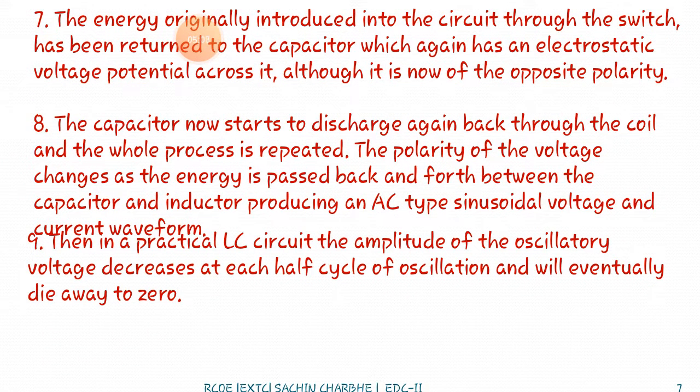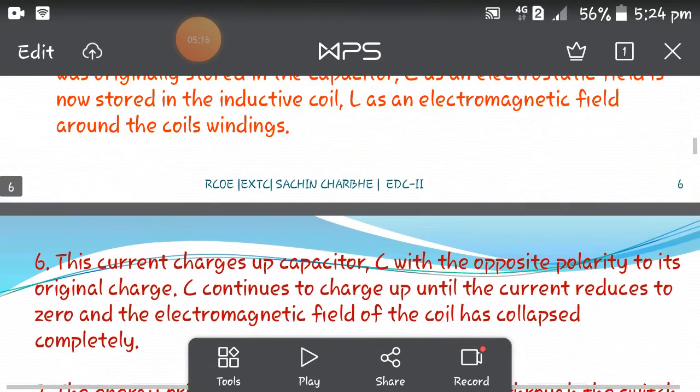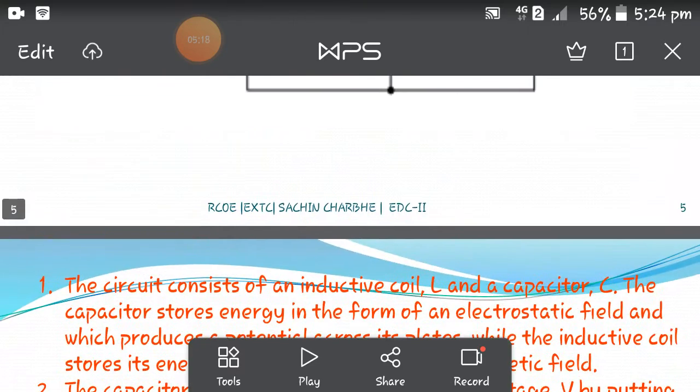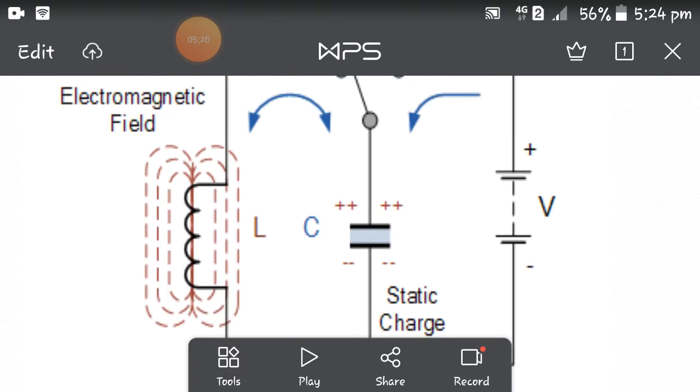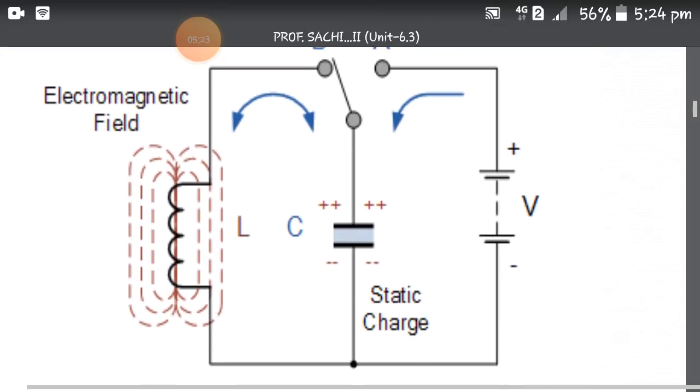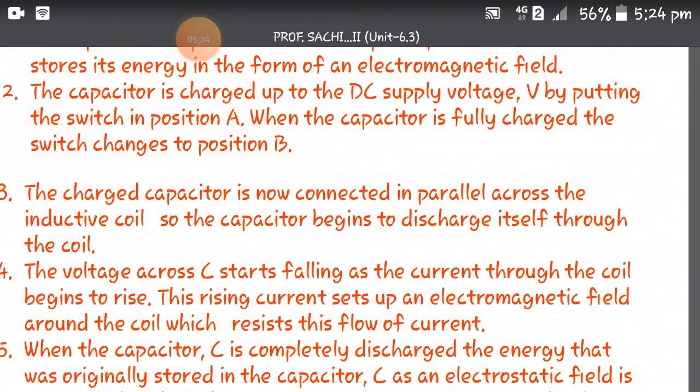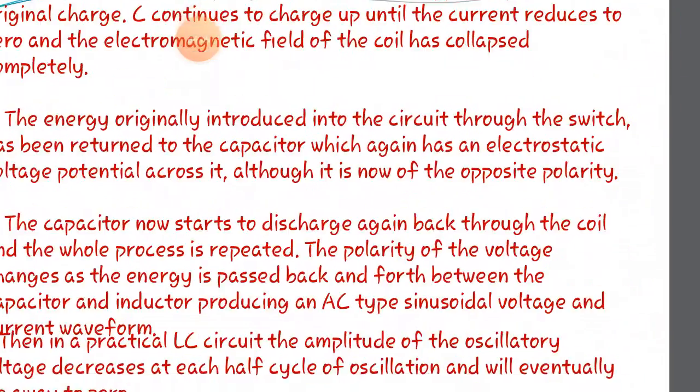It is now of the opposite polarity. Then the capacitor starts to discharge again back through the coil, and the whole process is repeated. This is shown in this figure: capacitor charging and discharging, with the switch between A and B.